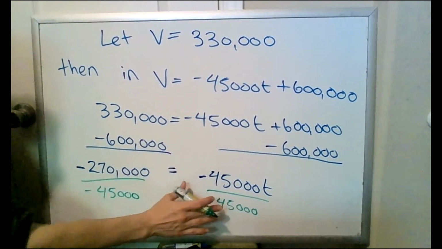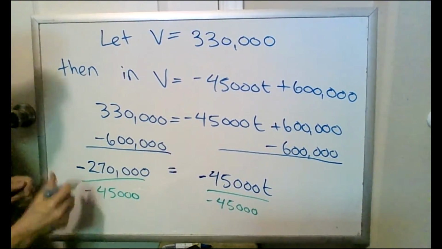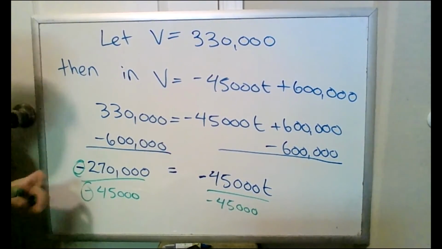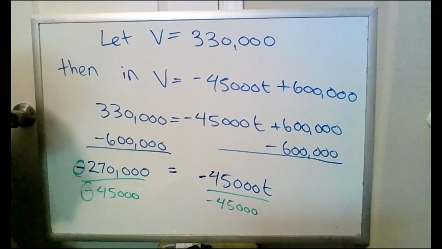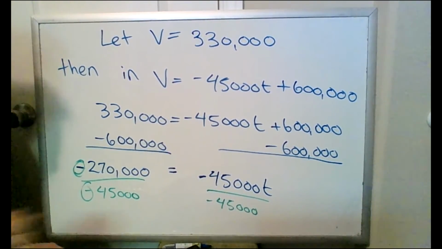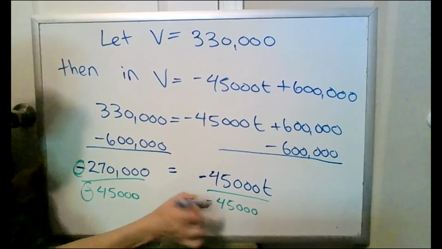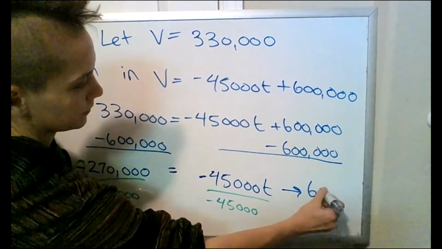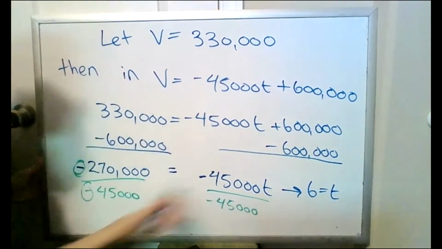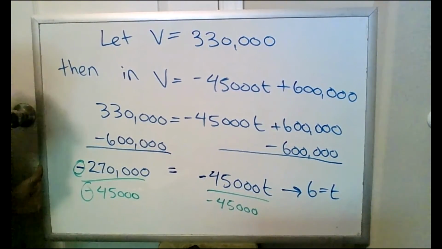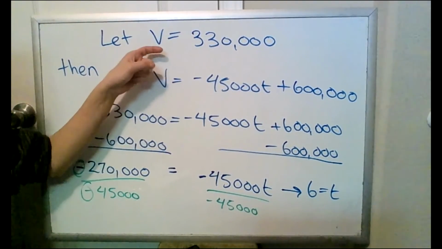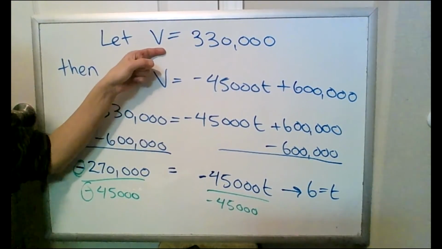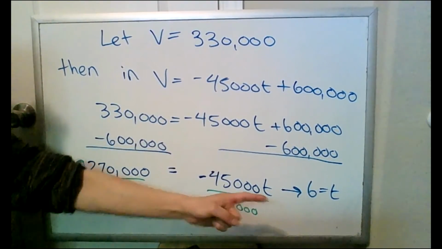So I'll have my t on this side equal to some positive number, and it's going to be 6. And t was in years, so the machine is worth this much after 6 years.